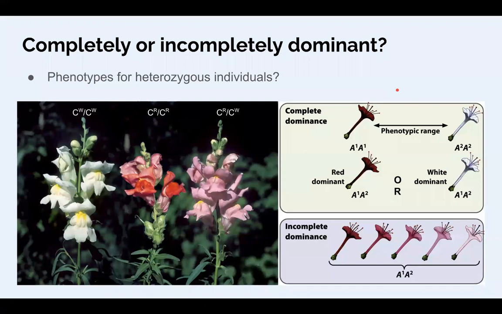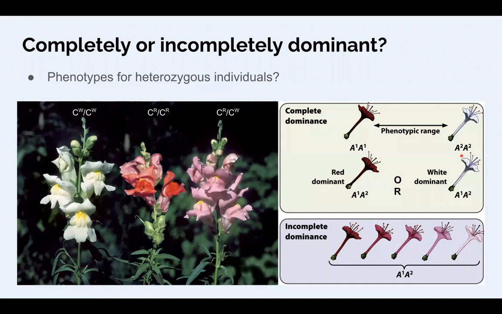In complete dominance, as we saw, the presence of just one dominant allele will give you the full dominant phenotype. In this notation, they're using the abbreviations A1 and A2 for these different alleles. That's meant, I think, to reduce some bias of thinking ahead of time that something is dominant. It's not capital or lowercase, it's just 1 and 2.